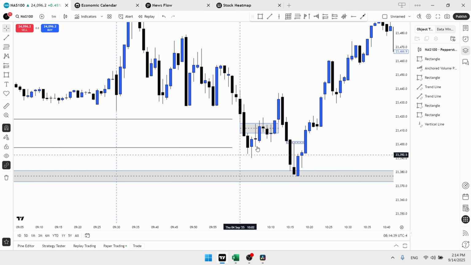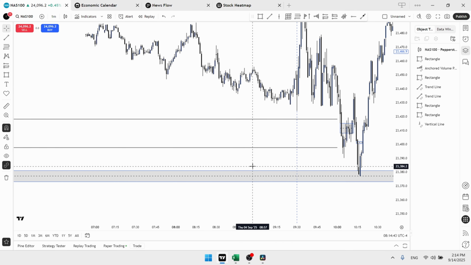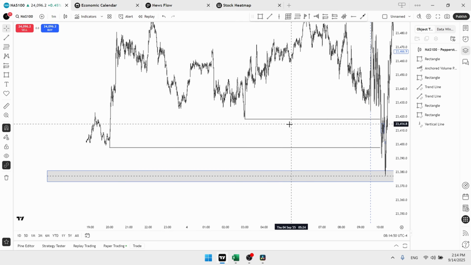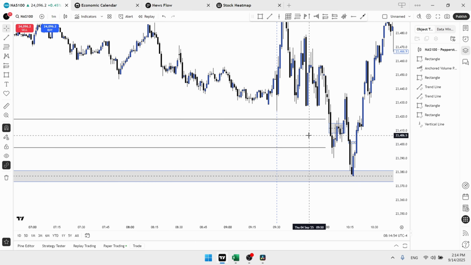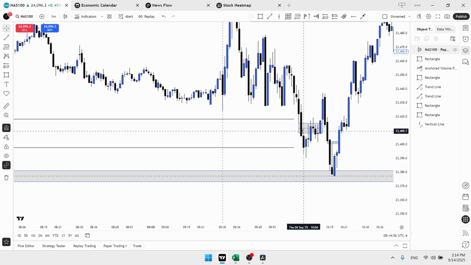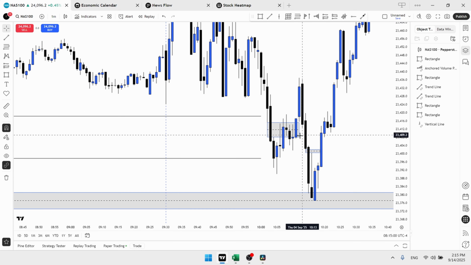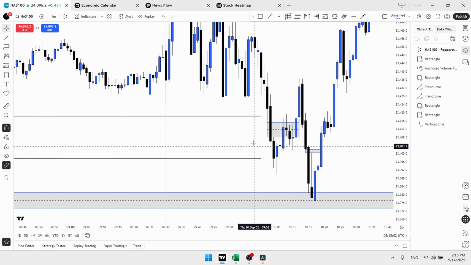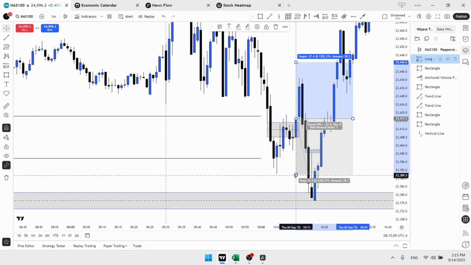So this was Nasdaq on the 4th of September, and right here we have a liquidity sweep of previous day lows. I believe they were Asian lows, and right here we get an inverse fair value gap. So these were 1 hour liquidity sweeps, and on the inverse I entered long on Nasdaq.